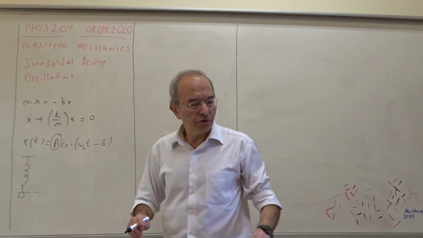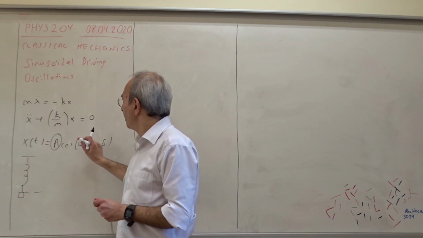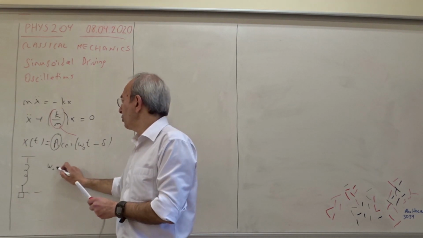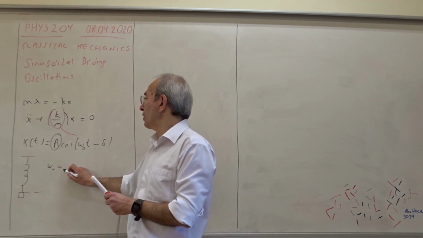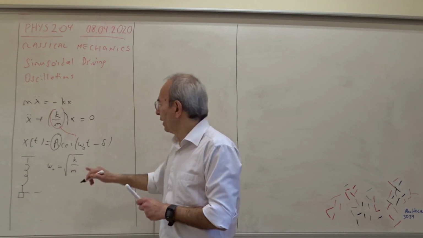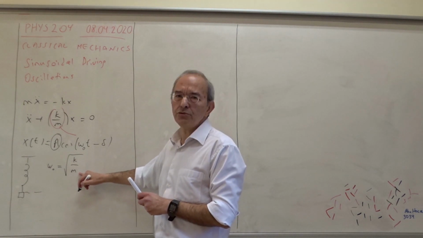Of course, omega 0 we have seen is the root of this quantity. Omega 0 turned out to be the square root of k over m. So it depends only on the force constant of the spring and the mass you attach.